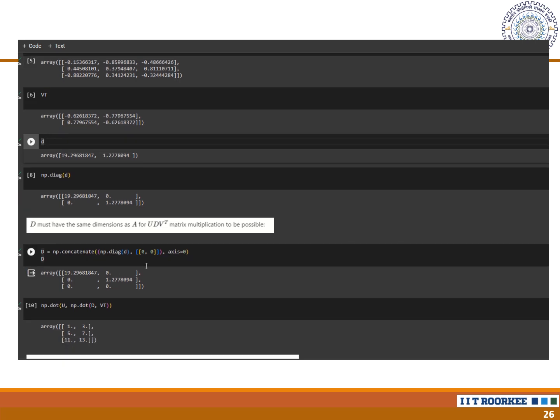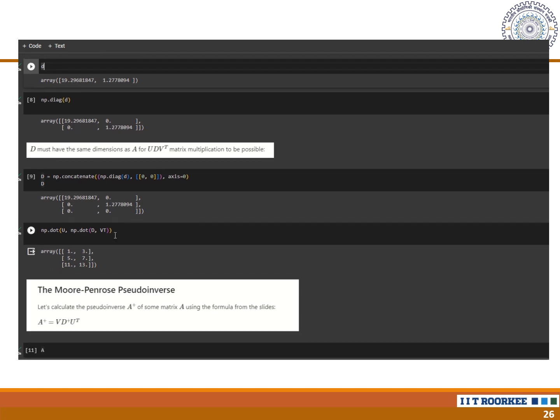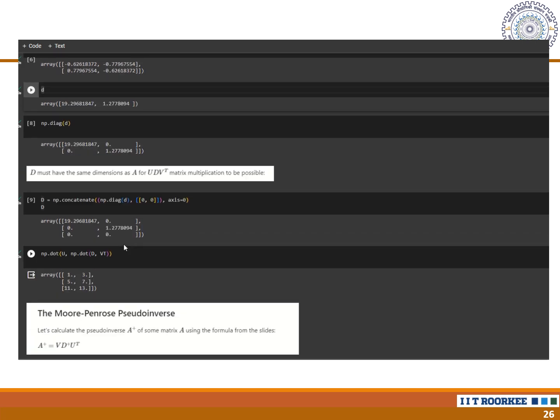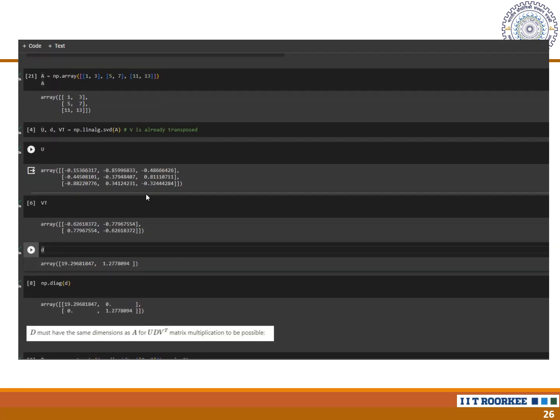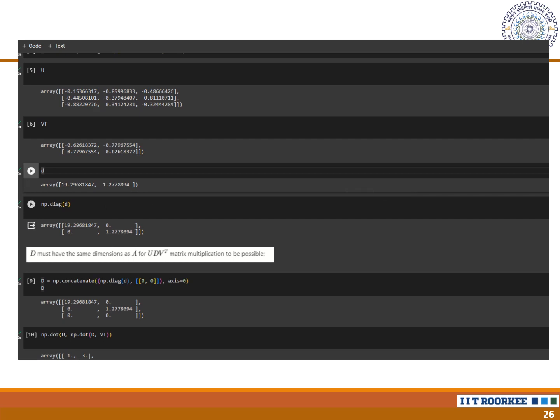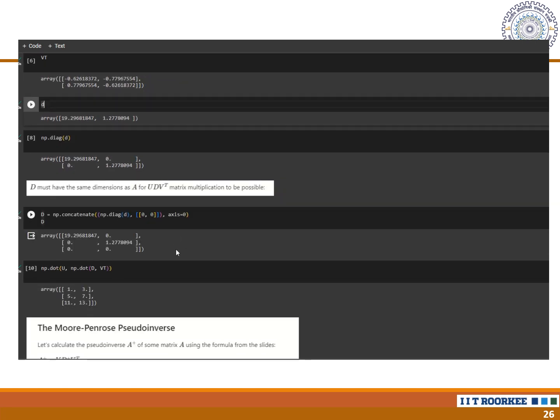So let's get the dimension of D, and here is how we get the dimension of D. Next, we're gonna check if all these components that we got from the SVD function, and some tweaking, give us the same matrix.